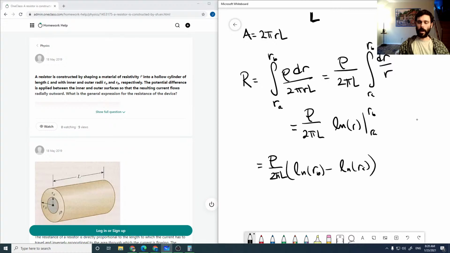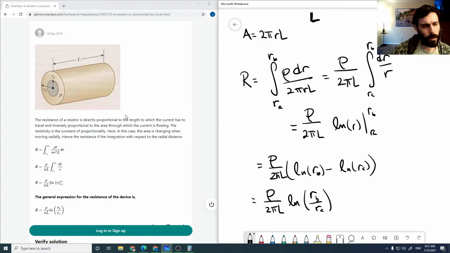And we can combine this because when you subtract lns, you can divide what's inside there. So it'd be ln of RB over RA. And so then that would be my full resistance.